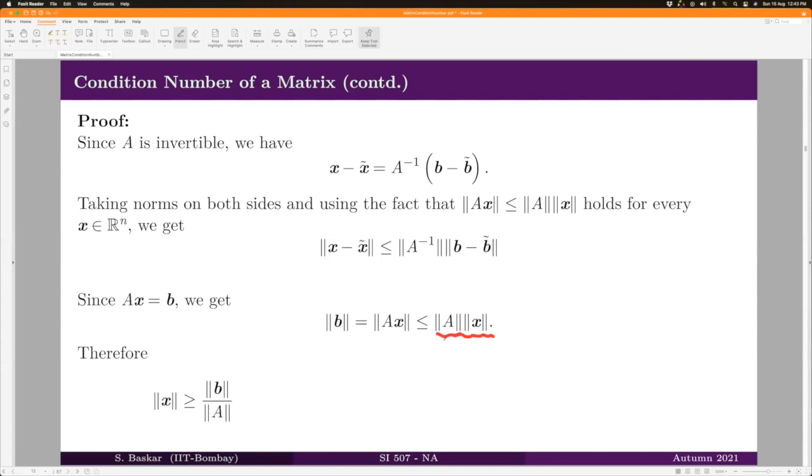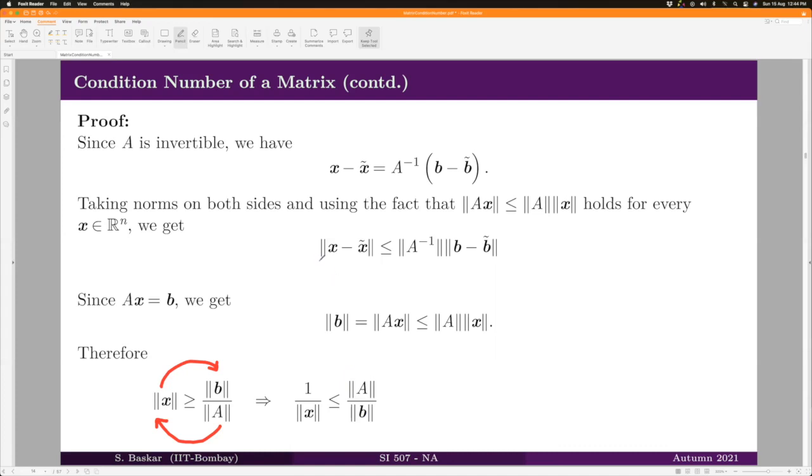You bring norm A to the other side and make it the denominator. From here, you can take this to the right hand side and this entire thing to the left hand side. That gives you 1 by norm x is less than or equal to norm A divided by norm b.